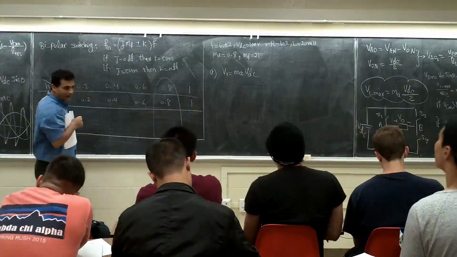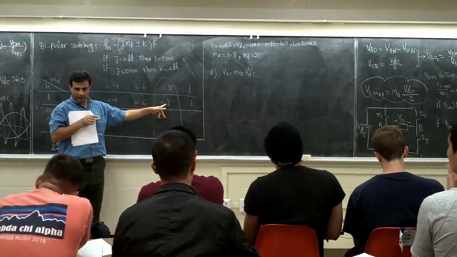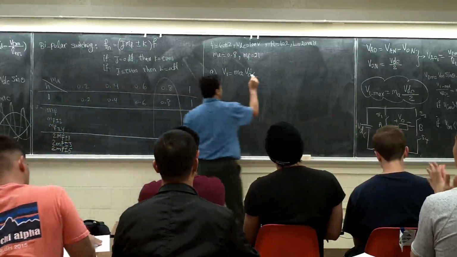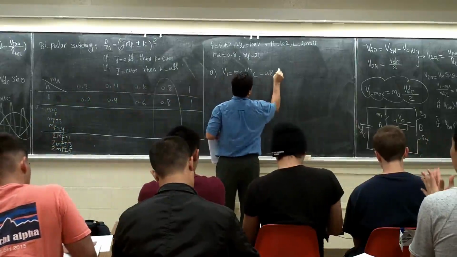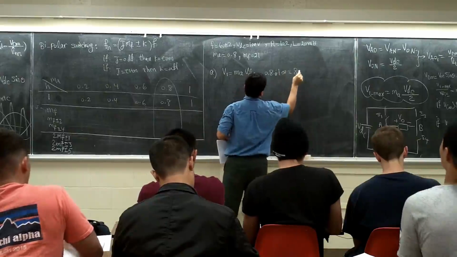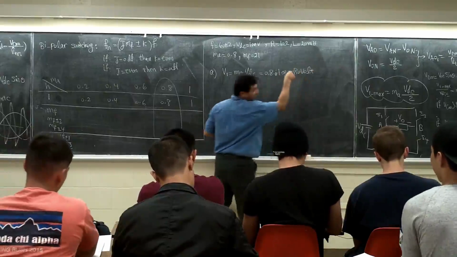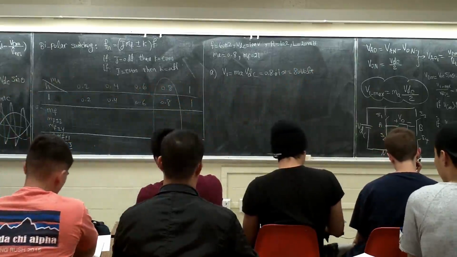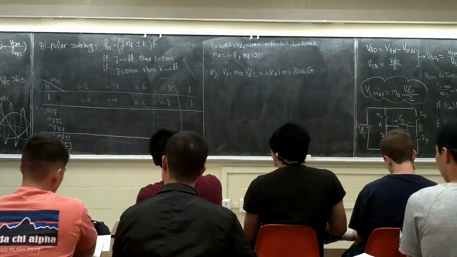See, this is V1. How much is it? 0.8, or MA, times VDC. So it's 0.8 times 100, which is 80 volt. Keep in mind, this is the maximum value of the 60 Hertz component of the output voltage. So we calculated that.